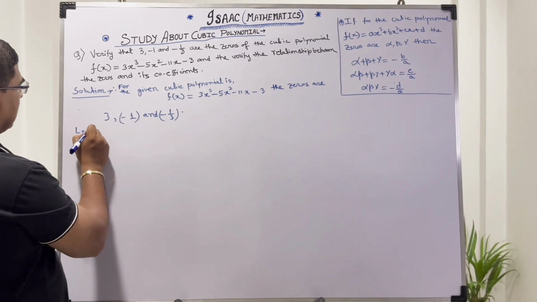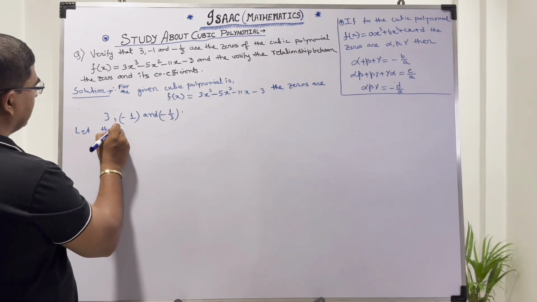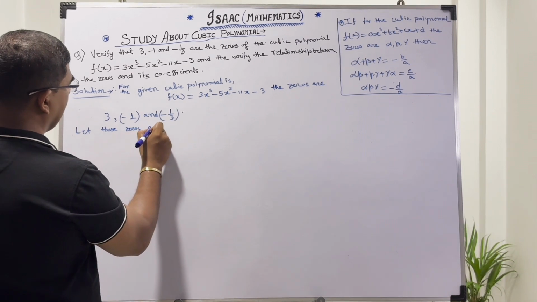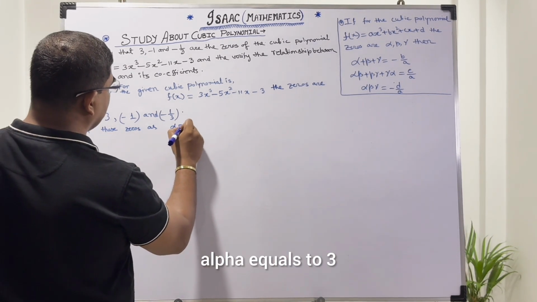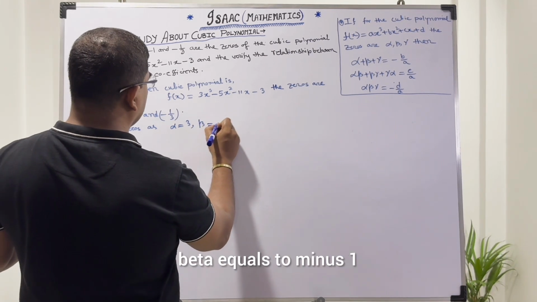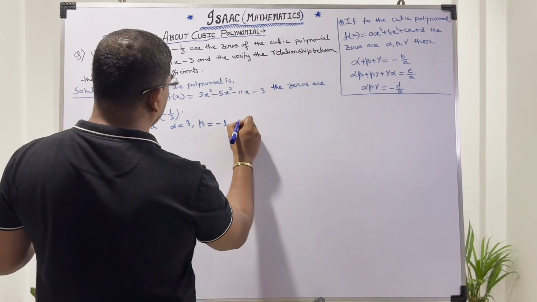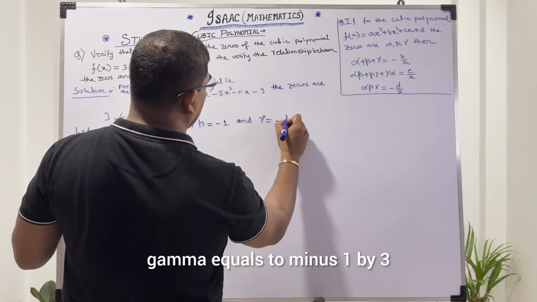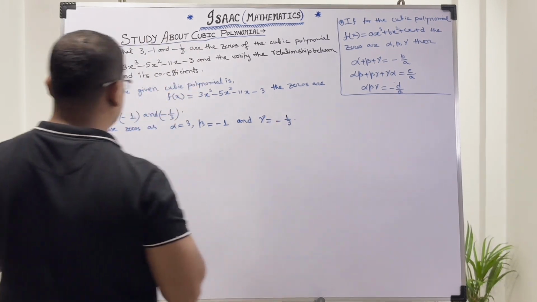Let these zeros be alpha equals to 3, beta equals to minus 1 and gamma equals to minus 1 by 3.